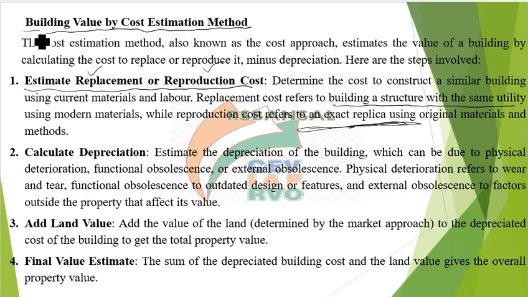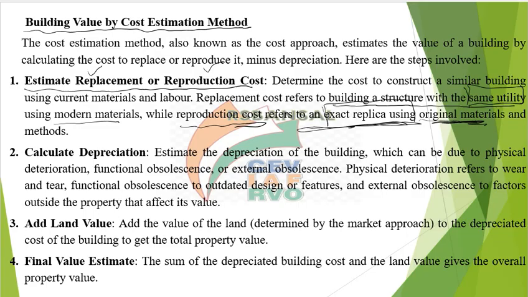So in replacement, you may use modern materials, modern architecture, etc. And the main thing is the building should have the same utility. But if you are calculating reproduction cost, you have to produce an exact replica using original materials. Remember this.